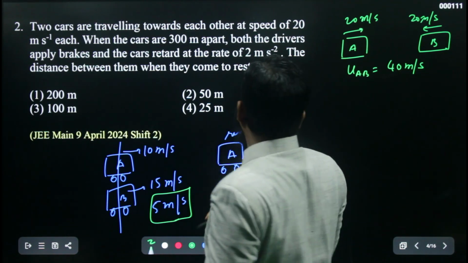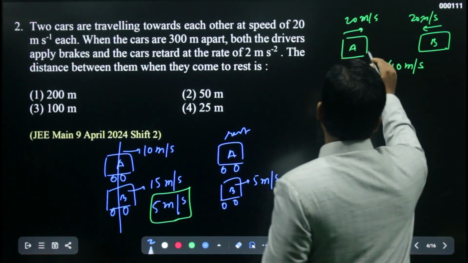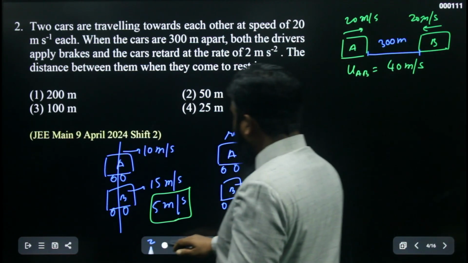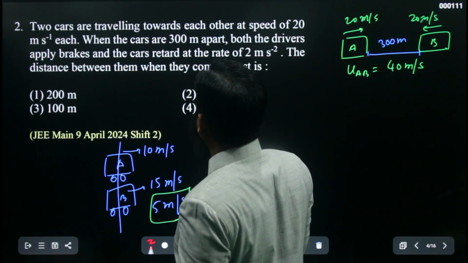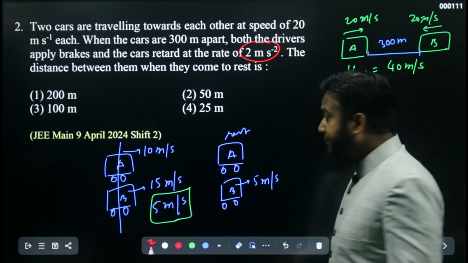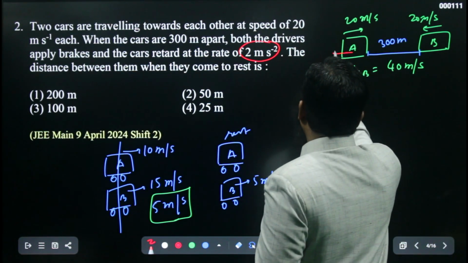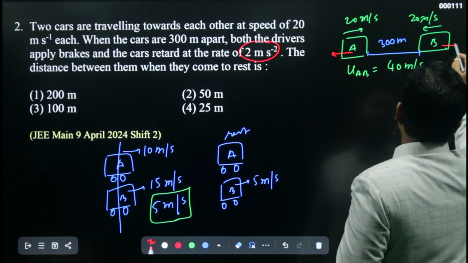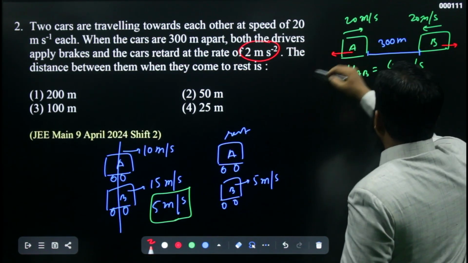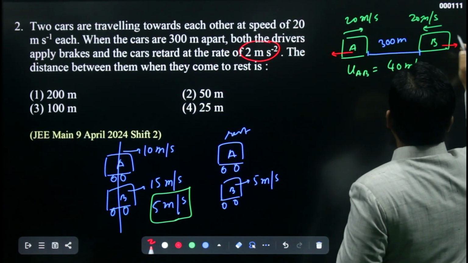And then, the initial distance between them is 300 meter. Then both retard at 2 meter per second square. The direction of acceleration of A is towards left and for B it is towards right.